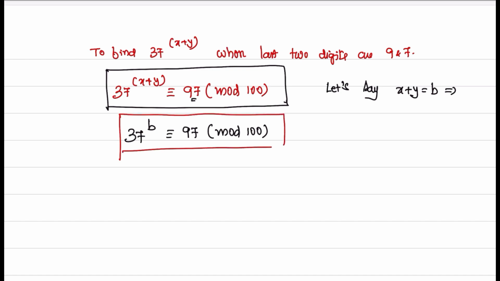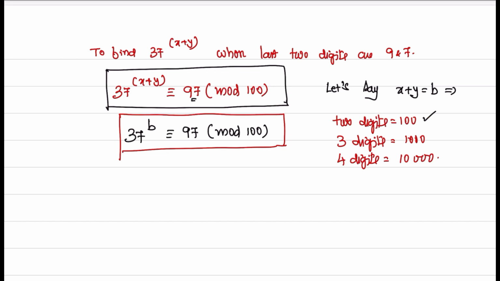When you keep repeating it like this, you won't forget the definition of mod 100. 100 is used for 2 digits, and if 3 digits are asked, then it should be 1000. 4 digits means 10,000. Here we have asked for 2 digits, so we are using modulo 100.